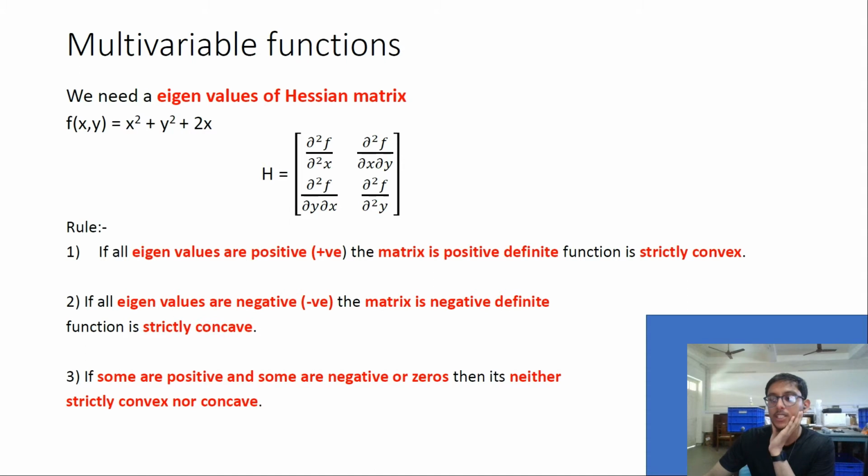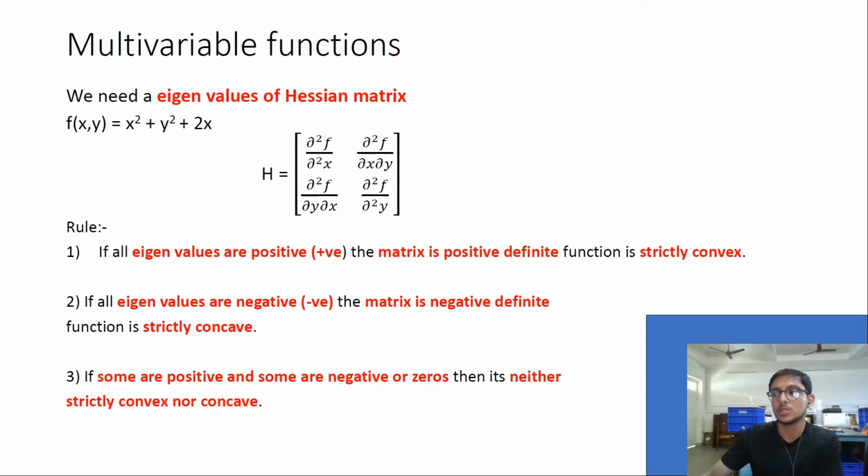How we calculate the eigenvalues of a matrix. Are you guys aware? Okay, good. I should have asked this question earlier. So we know that we have to solve a third order or maybe second order equation in lambda to get the values.